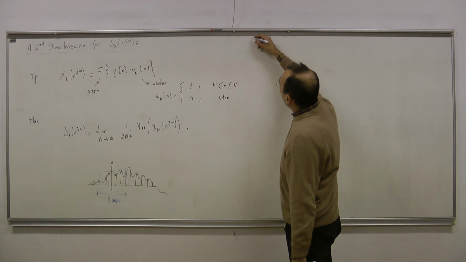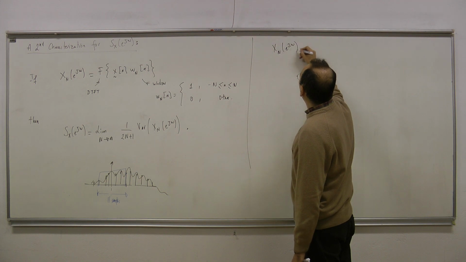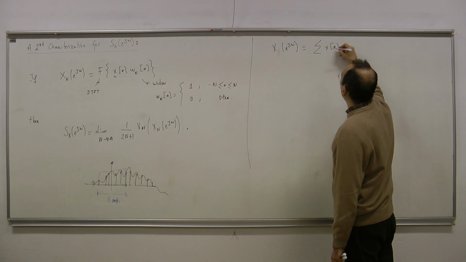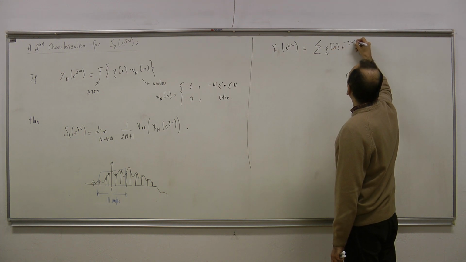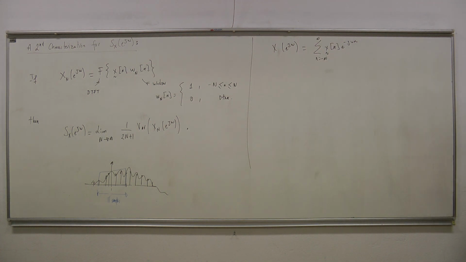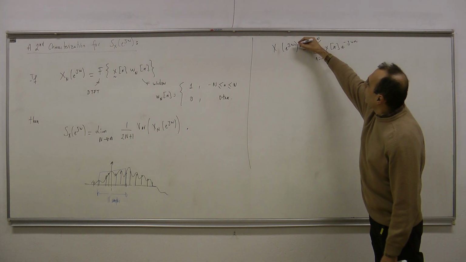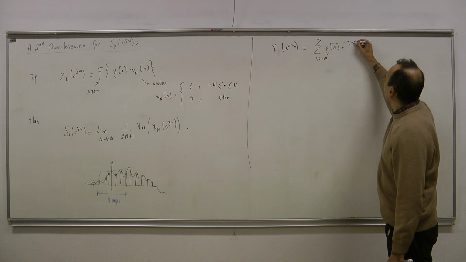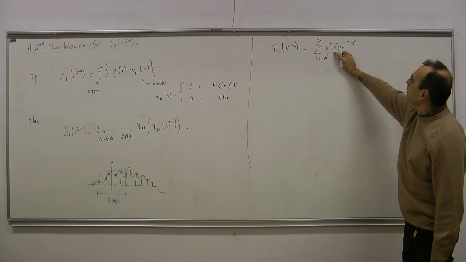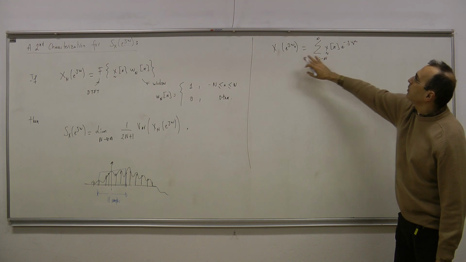So this is at the beginning a little confusing because X(e^{jω}), let's say, now I have a random process and I'm calculating its Fourier transform, as you see, from minus infinity to infinity. Okay. So there are some issues about this, but okay. So how about this? If I fix my frequency to omega naught, as you can see, this is nothing but a weighted sum of sampled random process values. So this is nothing but a random variable.